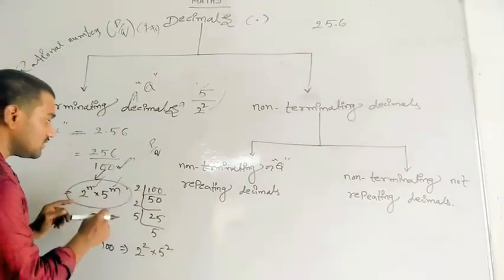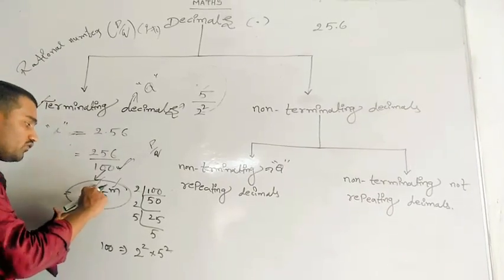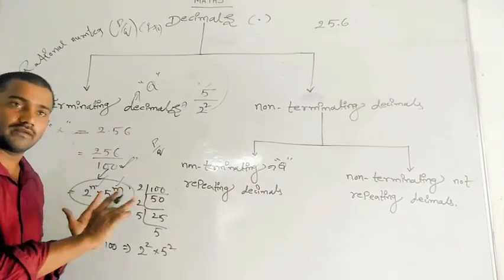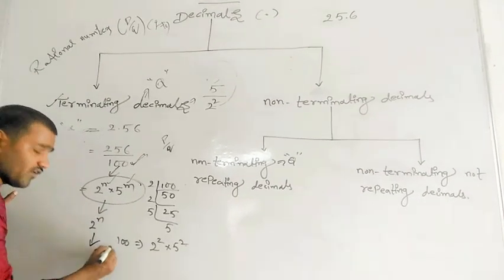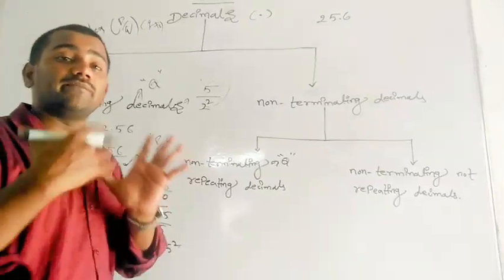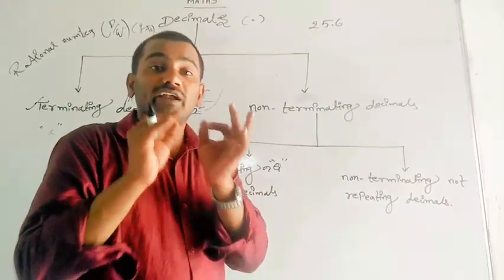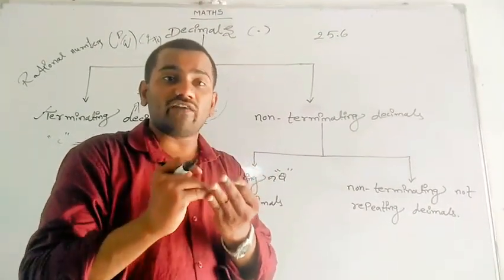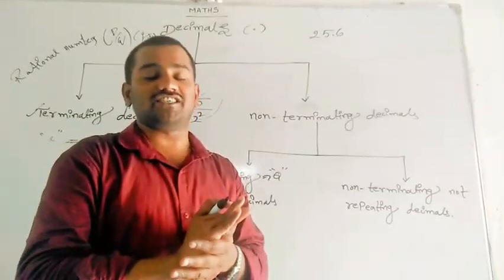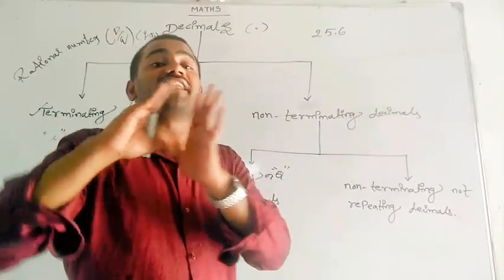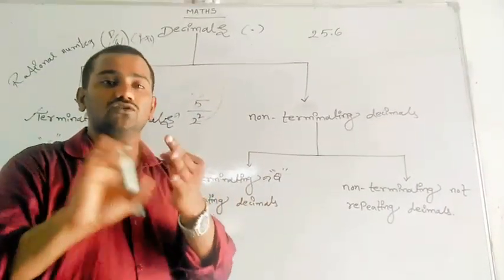If only 2 to the power of n or only 5 to the power of m appears, it is also considered a terminating decimal number. Either 2 or 5 or both, but not any number other than 2 and 5. If any other numbers appear in the prime factorization of the denominator, they are not considered terminating decimal numbers. Either 2 should be there or 5 should be there.